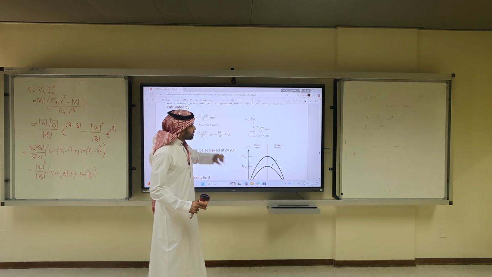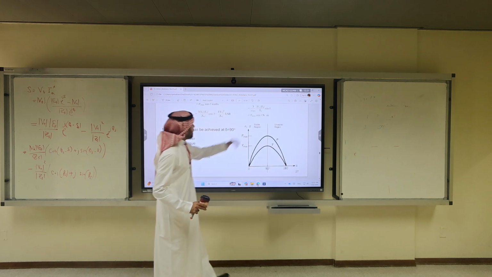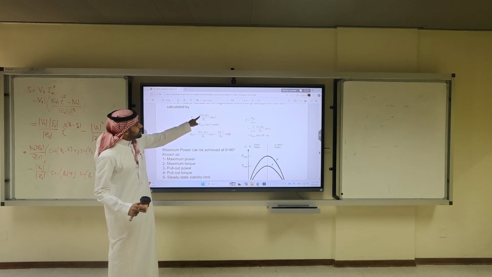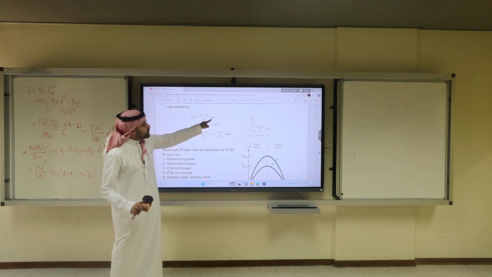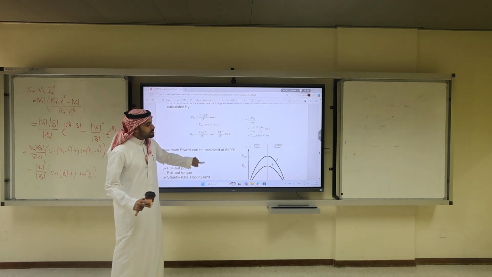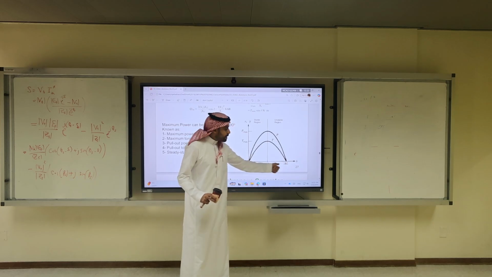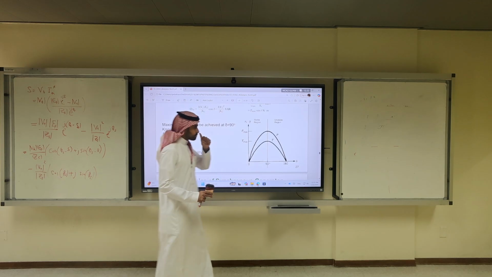That's why when you plot delta over power, the electrical power, 3 V_T E_F over X_s sine delta, you can sweep it over various deltas, starting from 0 all the way to pi, where the peak is at what? Pi over 2. You remember this from EE 360.